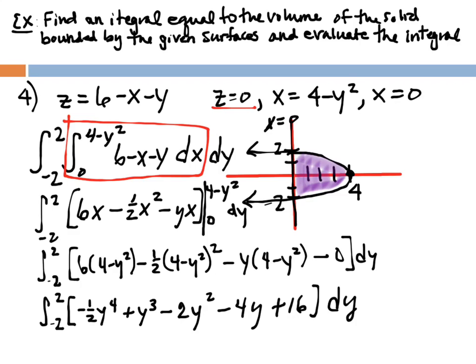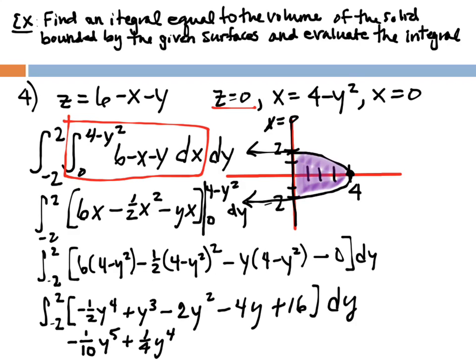All right, so let's do an antiderivative now of that function. Somebody tell me the first term. Negative 1/10 y to the 5th. Good. Somebody else tell me the second term. Good. 1/4 y to the 4th.